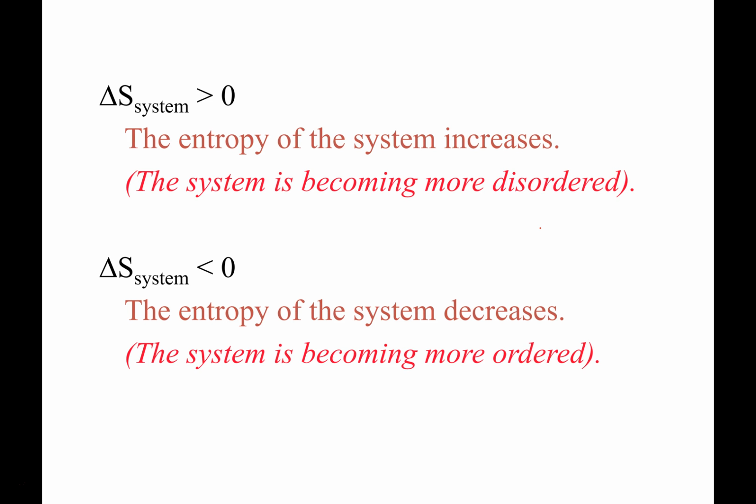If you have a negative change in entropy, that means you're doing some housekeeping. Your matter's becoming more organized, disorder is decreasing, it's becoming more ordered. This would favor spontaneity, and this would disfavor spontaneity.